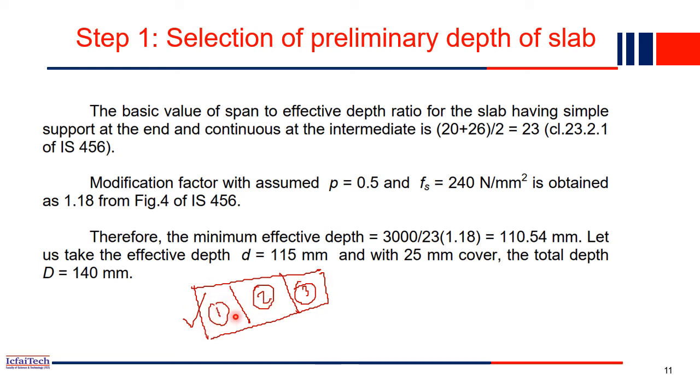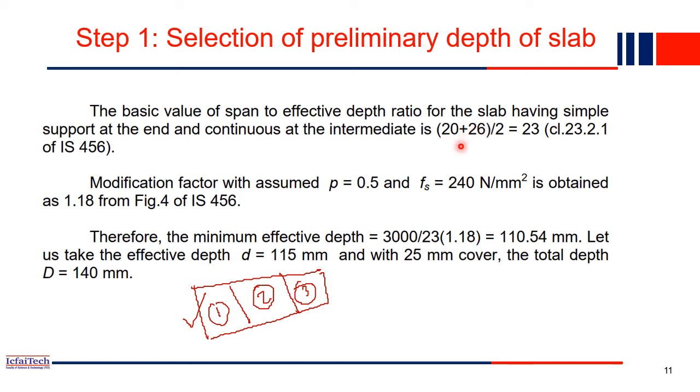So if you consider panel number one first, on the left hand side you have the cantilever side, whereas the right hand side is the continuous side. So if you go to IS clause number 23.2.1, for the simply supported case it is 20, for the cantilever it is 7, and for the continuous it is 26.